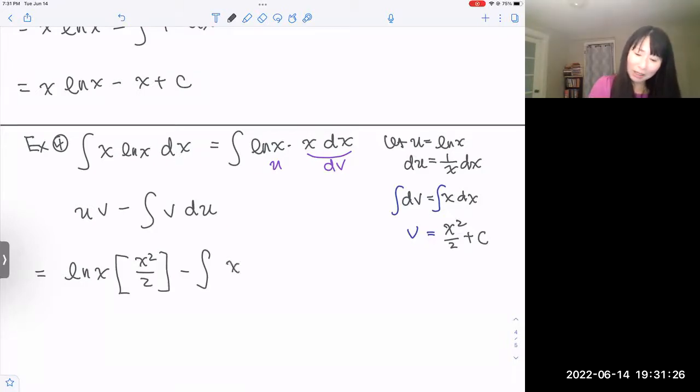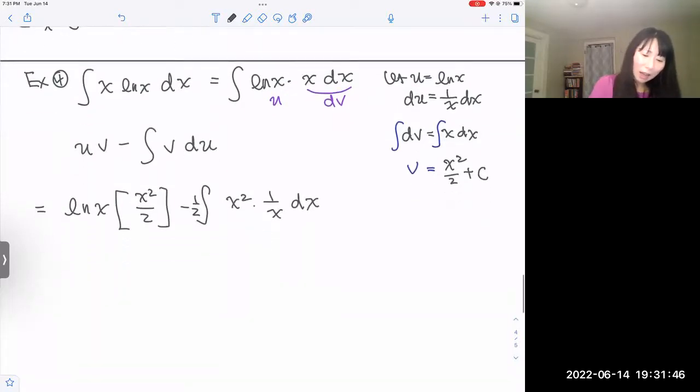So we have x squared, 1 over 2, du. Look, we almost forgot du, which is 1 over x dx.